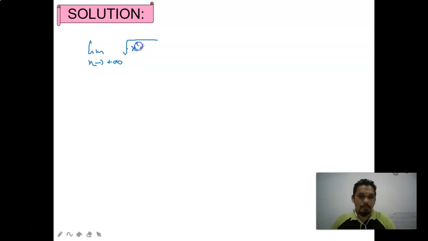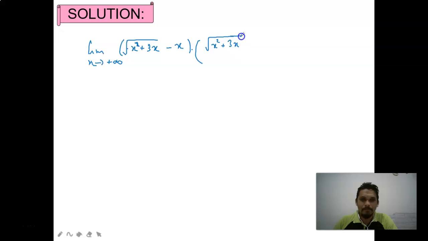For this one here now, we are going to multiply with the conjugate of this, which is the square root of x squared plus 3x plus x, divided by the square root of x squared plus 3x plus x.